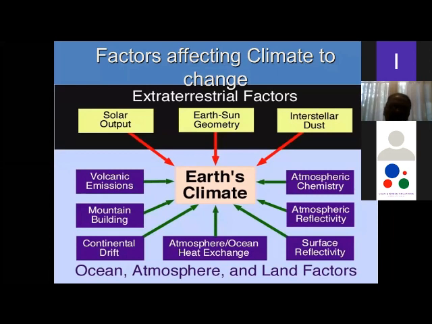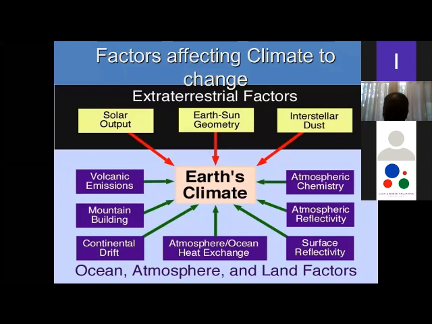Even though the sun is the main heat source for the system, the atmosphere mostly gets its energy from the ocean, and I will talk about that also. Our atmosphere is transparent to most of the solar energy, and it goes straight to the surface.